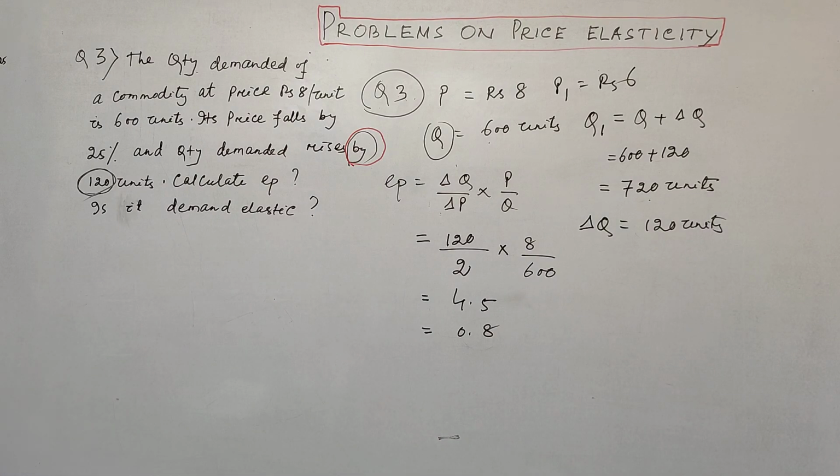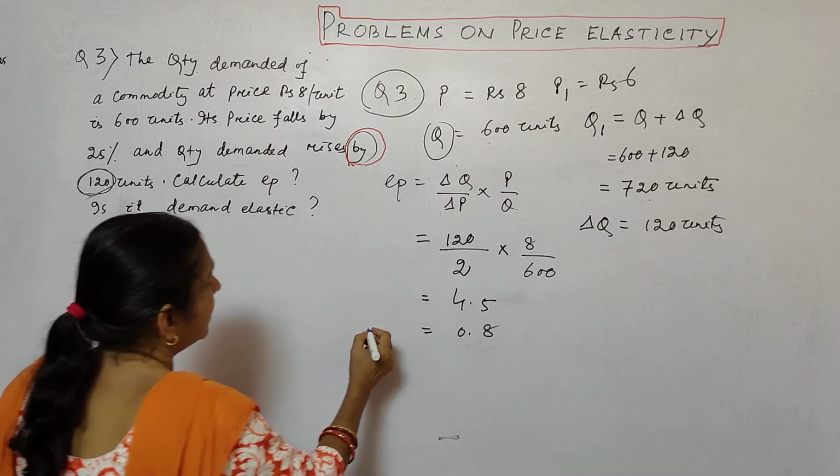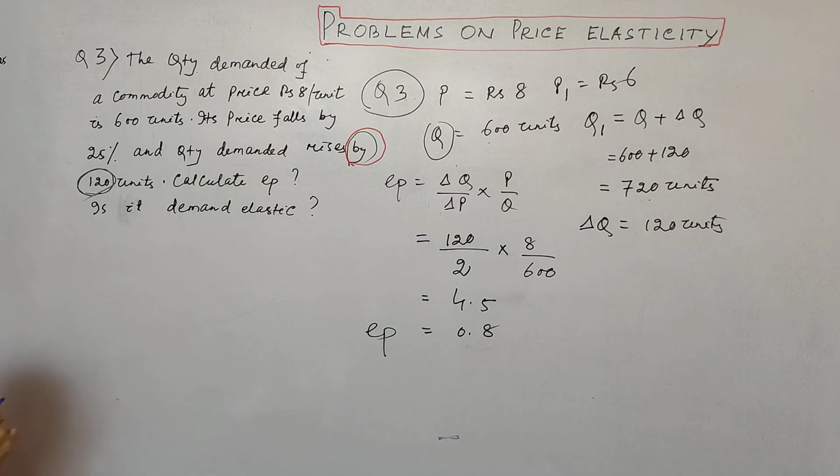Friends, by calculating all this information, we get the value of EP. EP is 0.8.